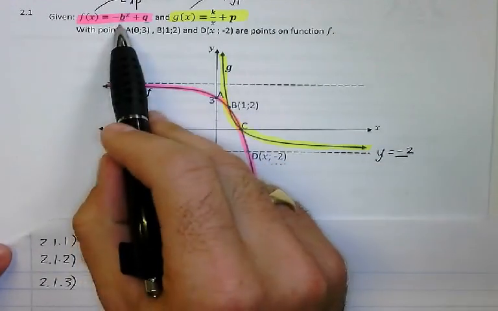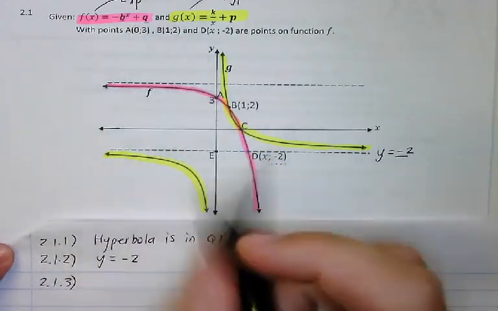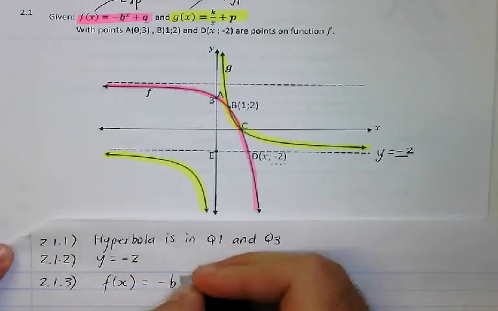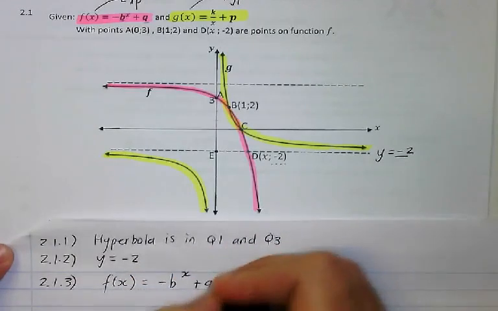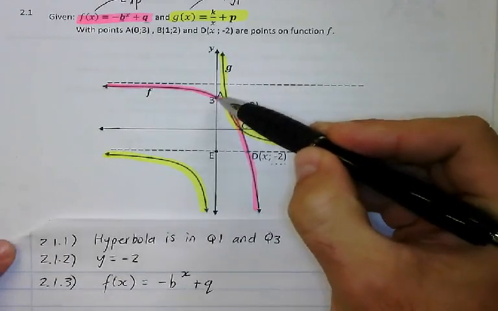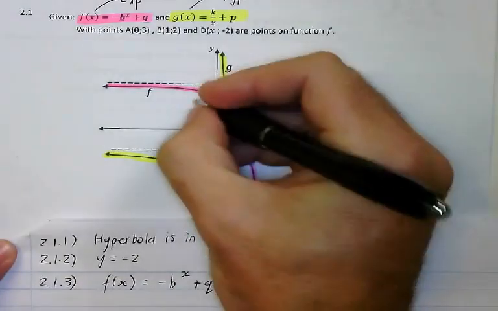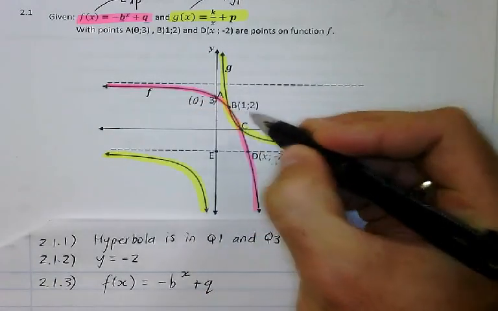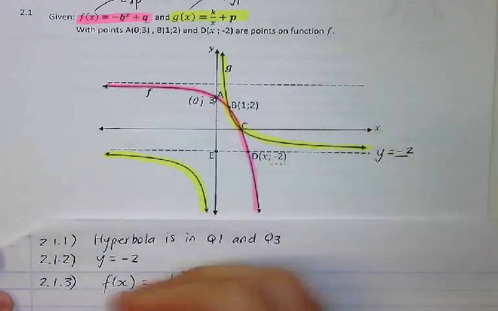Writing out our function as it stands, it's negative b to the power x plus q. Now the coordinates we've got to sub in are either A, which remember is (0; 3), or B, which is (1; 2). Let's sub in A first.